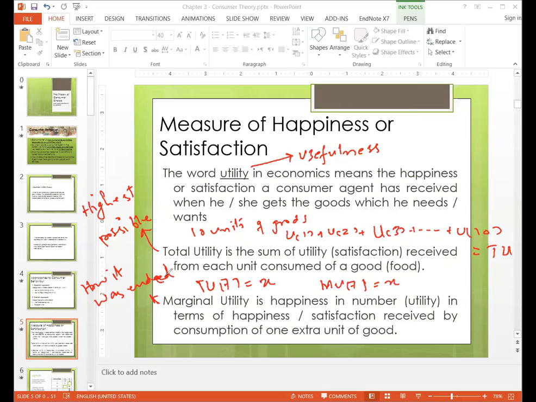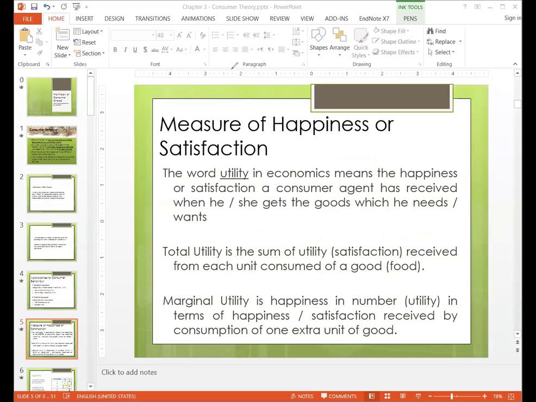So these are two different things. Hopefully it is clear now what the difference is between total and marginal. Marginal will give us the utility for the last one or any number that we ask for, and the total is the sum of all previous. So let's go to the next slide. There is some numerical solved for it so that it is clear what the difference is between marginal and total.